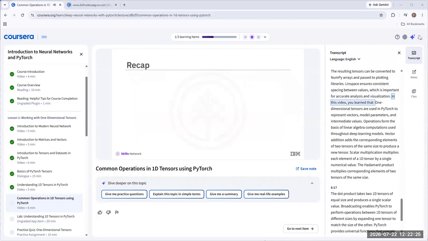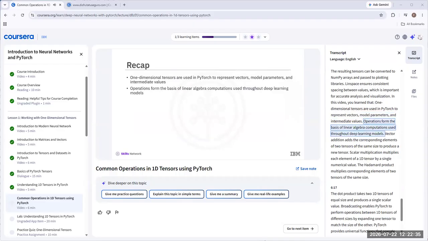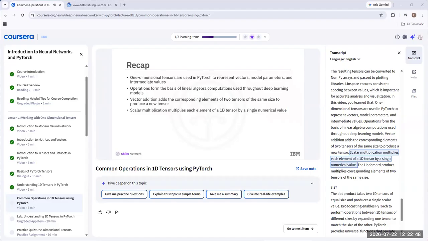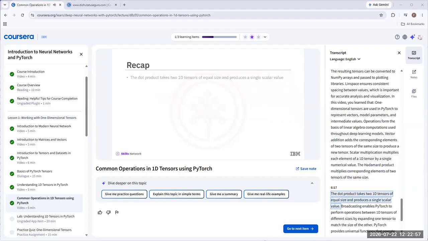In this video, you learned that one-dimensional tensors are used in PyTorch to represent vectors, model parameters, and intermediate values. Operations form the basis of linear algebra computations used throughout deep learning models. Vector addition adds the corresponding elements of two tensors of the same size to produce a new tensor. Scalar multiplication multiplies each element of a 1D tensor by a single numerical value. The Hadamard product multiplies corresponding elements of two tensors of the same size.